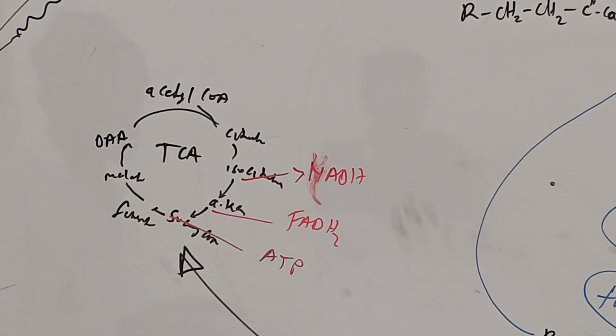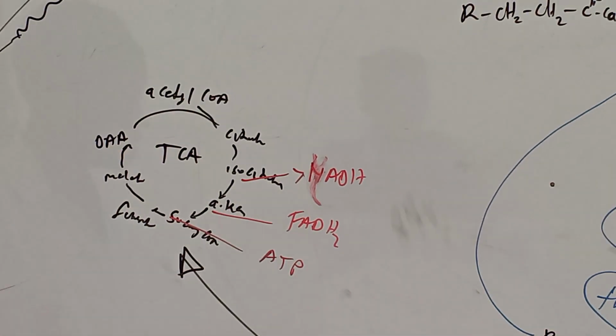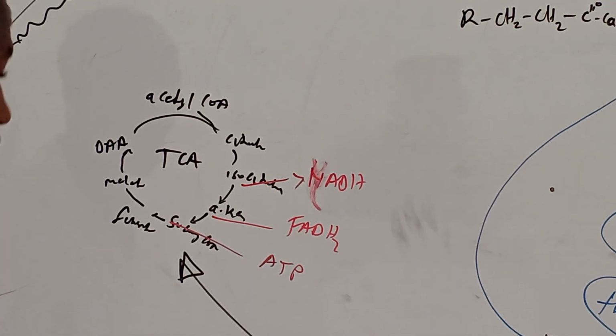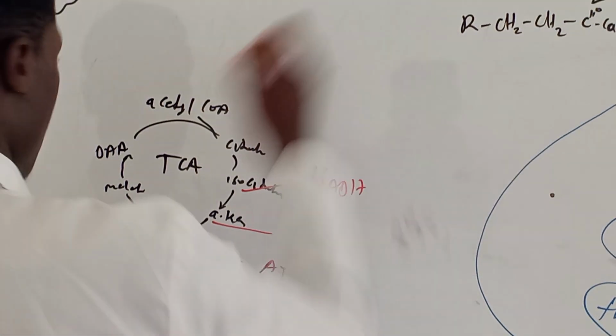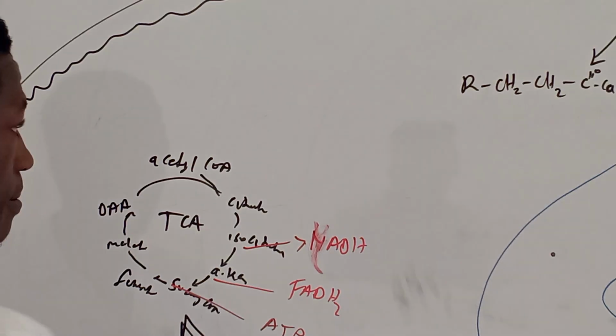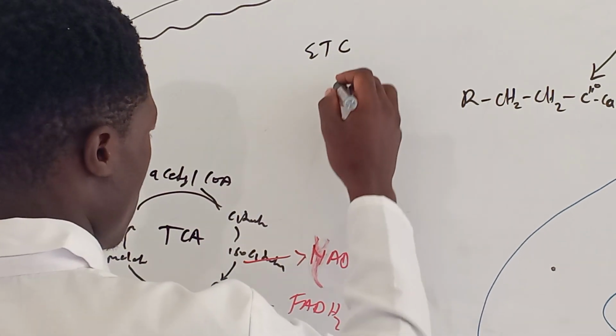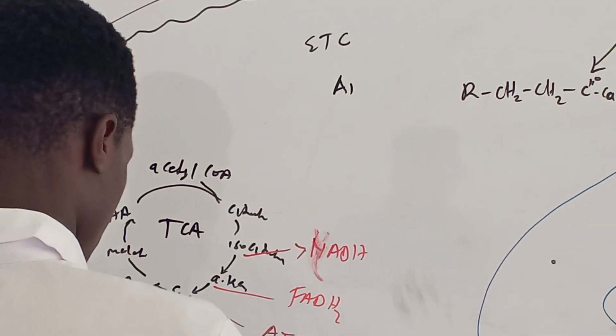These are not the exact ones, we are just going to get them within the TCA. Now, the NADHs and the FADH2 and ATPs, where are they going? They are going to go to the electron transport chain, to yield energy in the form of ATP.